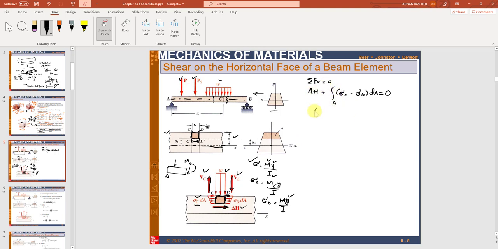Now we know that delta H plus the integral of, instead of sigma C and sigma D, I will write mCy over I and minus mDy over I, multiplied by the differential area, is equal to 0.